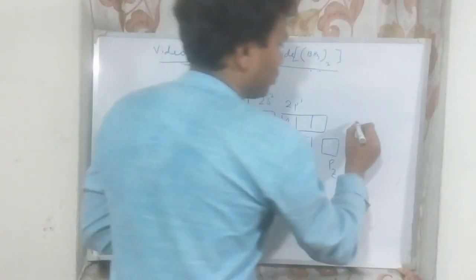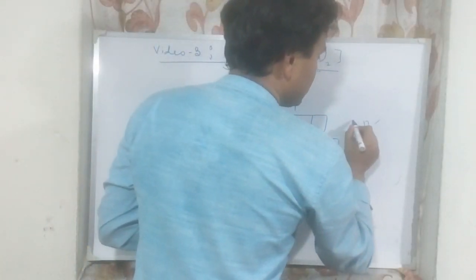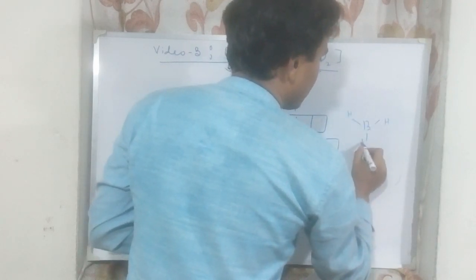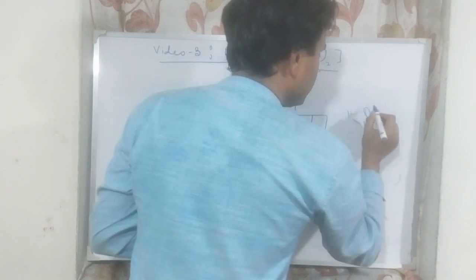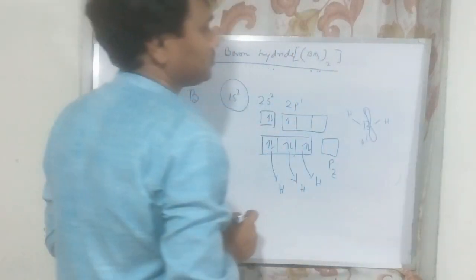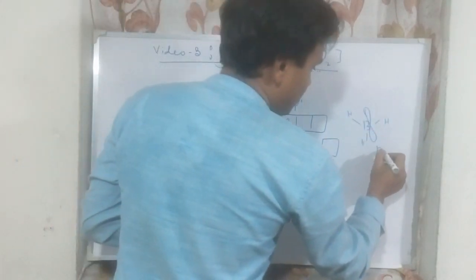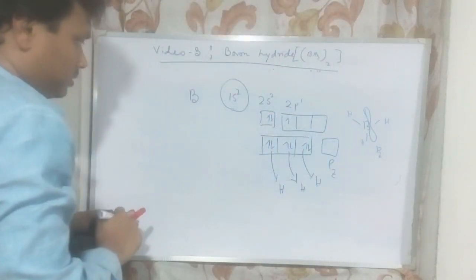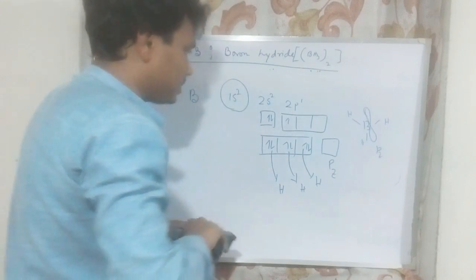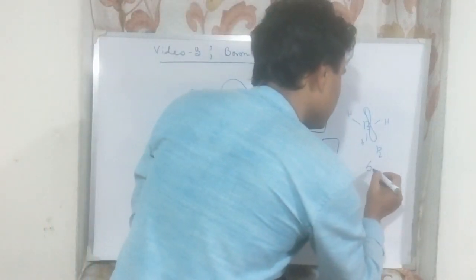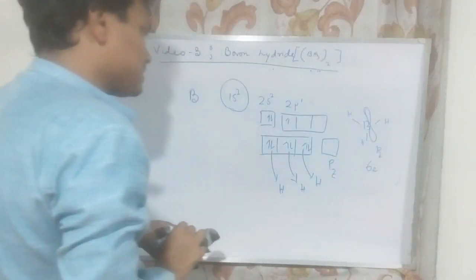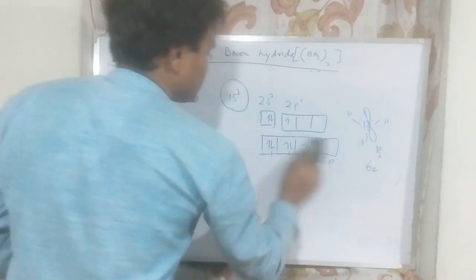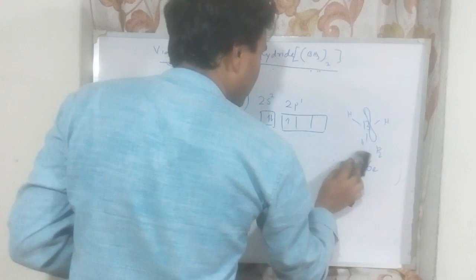So BH3 molecule is actually like this, with the vacant p orbital. So BH3 is actually a 6 electron species, or it is having a sextet. We will explain, due to this electron deficiency, it will have some unique bonding also.